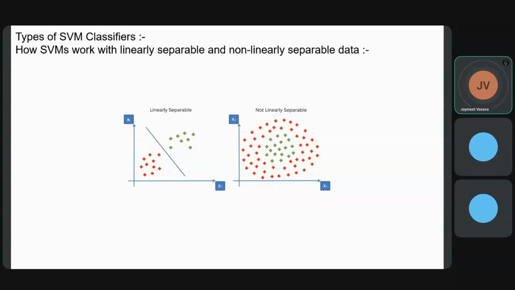So the data points are called linearly separable data points. We know about how SVMs work in linearly separable scenarios. But what if the scenario is something like the image on the right, where the data points are not linearly separable?